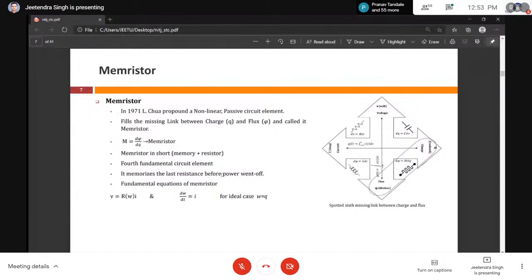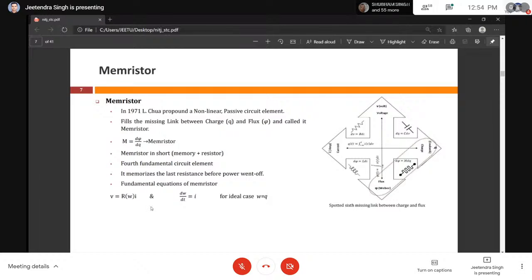And he gave the basic equations to characterize it. So here you can see its IV equations. Here the resistance is a state dependent variable, meaning it depends on the position.